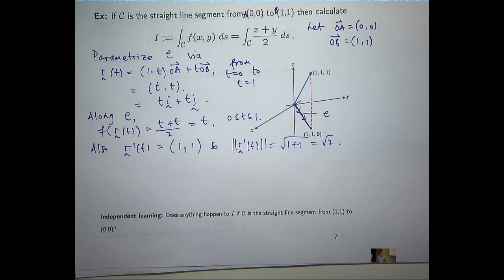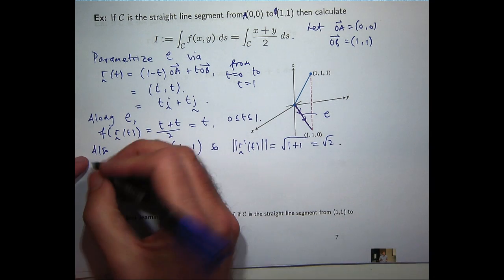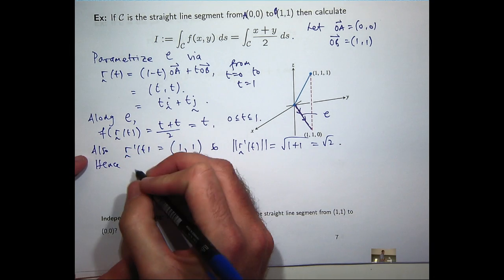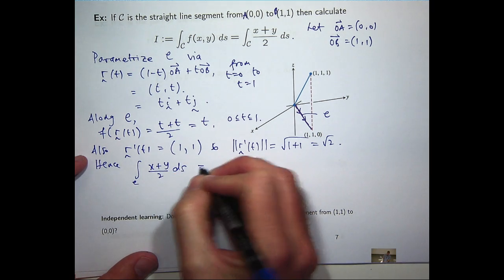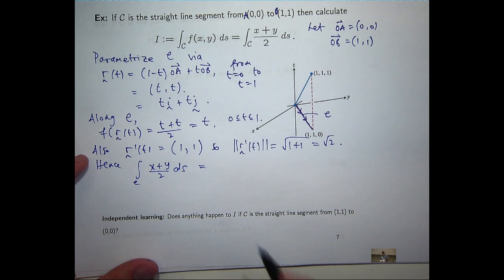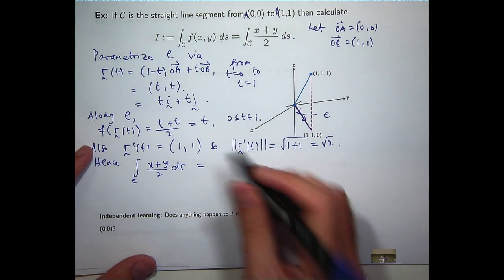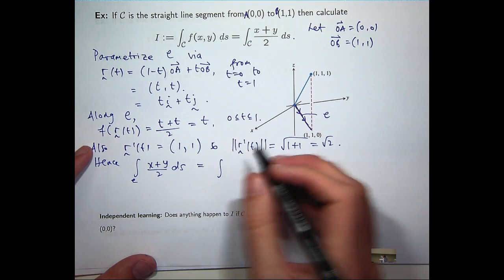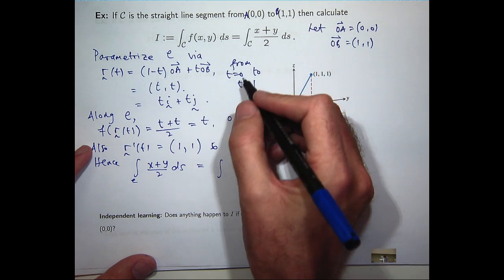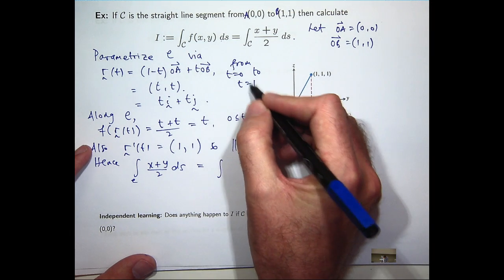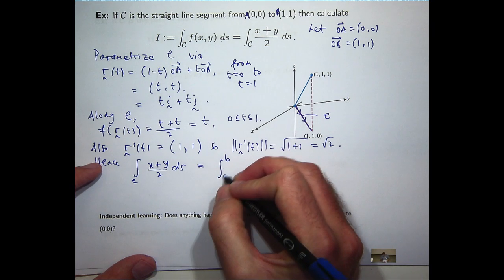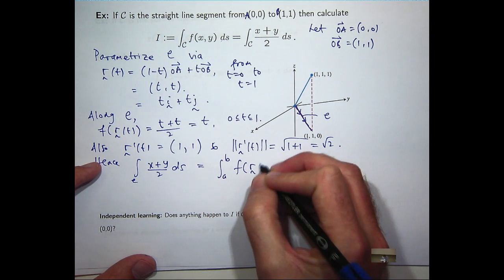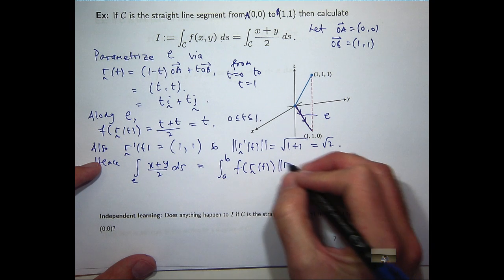So let's put it all together. We've got our elements. So we're integrating, this would be my A, 0 would be A, 1 would be B. So let's just write this out.